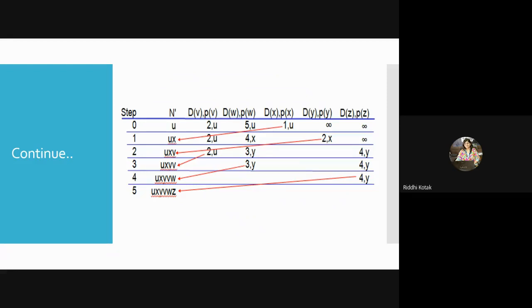Right now I am on step number 1. D of Y is 2 comma X.